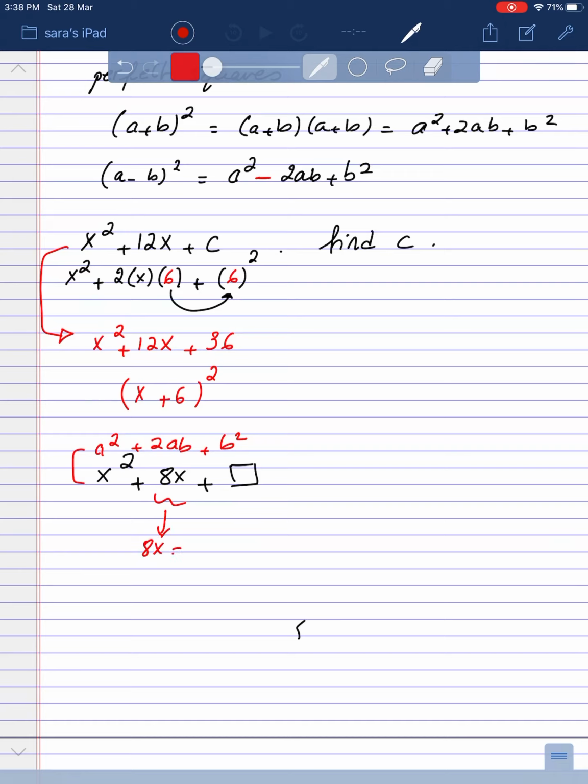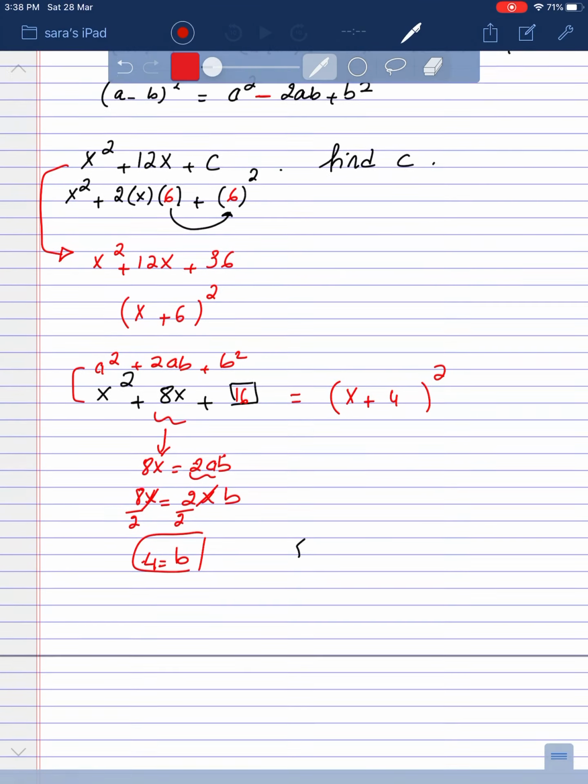Then for this one, 8x is equal to 2ab, and a is x, so 8x will be equal to 2 times x times b. Cancel the x on both sides, divide by 2 on both sides, you will get that b is equal to 4. So you will be getting 16 in here, and when you complete the square, you will get (x plus 4) raised to the power 2.